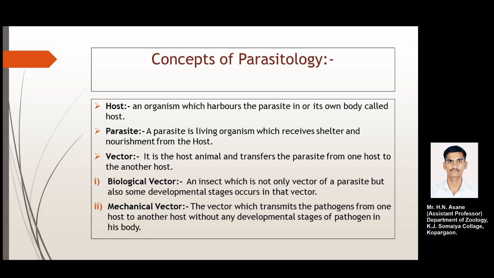The tsetse fly, scientific name Glossina species, transmits the Trypanosoma species causing sleeping sickness. And the sandfly transmits Leishmania, causing kala azar fever. Likewise, there are some vectors which are transmitting the parasites to the host.